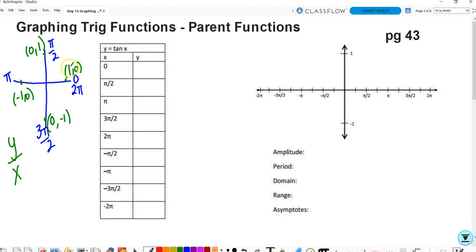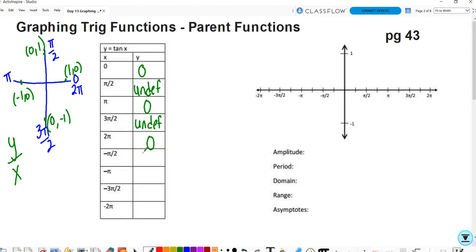So at 0, that's 0 over 1 is 0. At pi over 2, 1 over 0, that's undefined. At pi, 0 over -1 is 0. 3 pi over 2, -1 over 0, undefined. And 2 pi, we're back at 0.